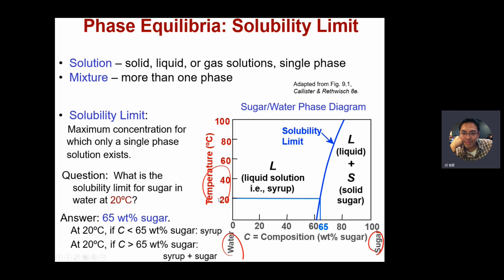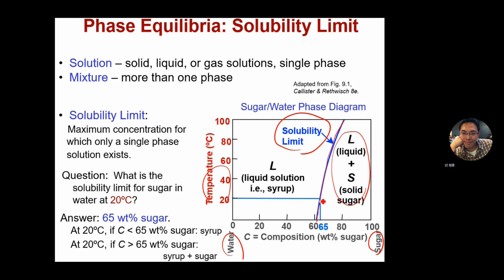That means two phases coexisting, liquid and solid. Therefore, we can do the experiment to plot the phase diagram of sugar and water, and find out the solubility limit. This curve is called the solubility limit.